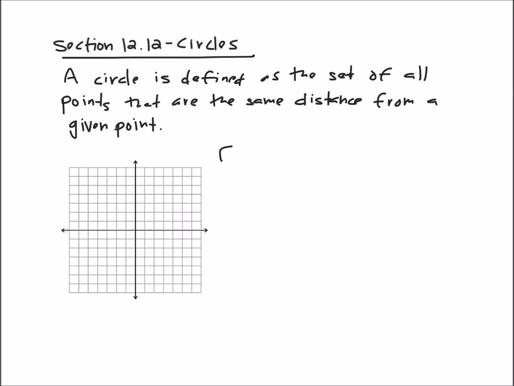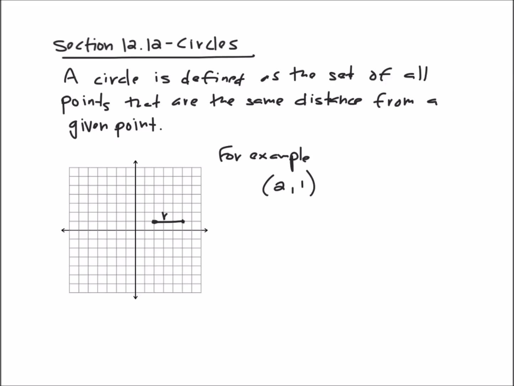So, for example, say we're given the point (2, 1). All right, so we're going to graph that over here. So there's the center of our circle. Any circle we know has a radius. Say our radius goes out to here. So there's my radius.